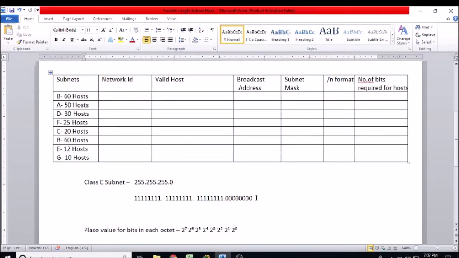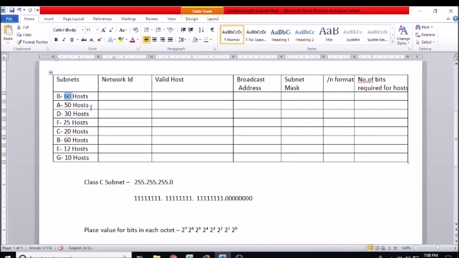For subnetting, we can borrow bits from the host part so that we can make the subnet. Now we have to check the number of bits required for the host. From this, how many bits can we take for the host and how many bits can we give for the subnet? That we have to check. The number of hosts is 60 here.